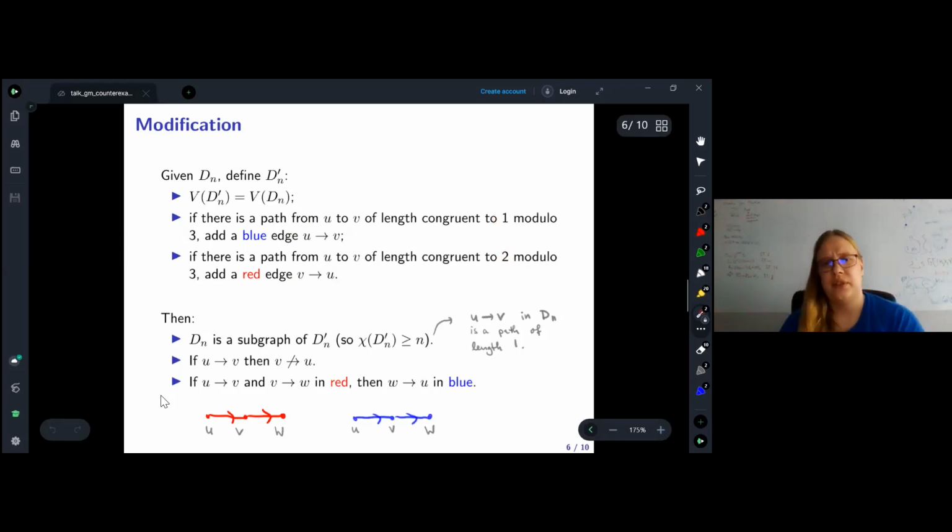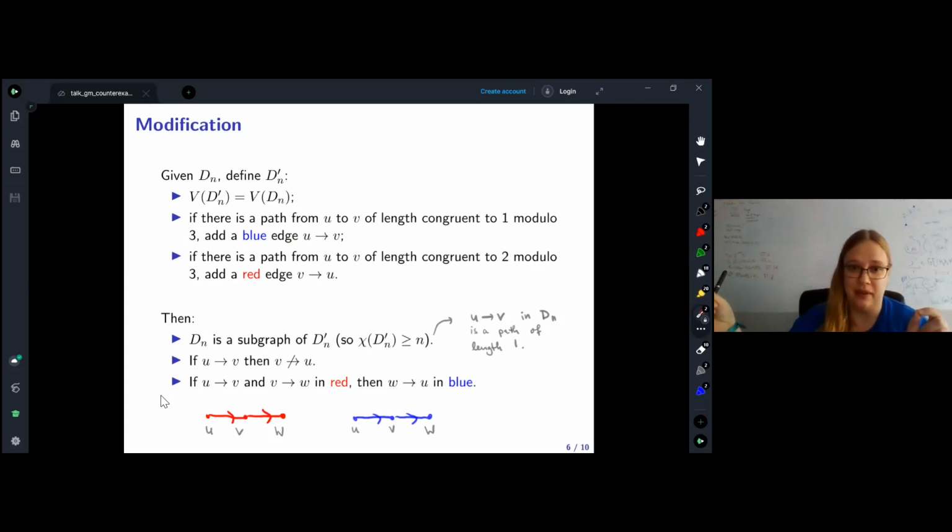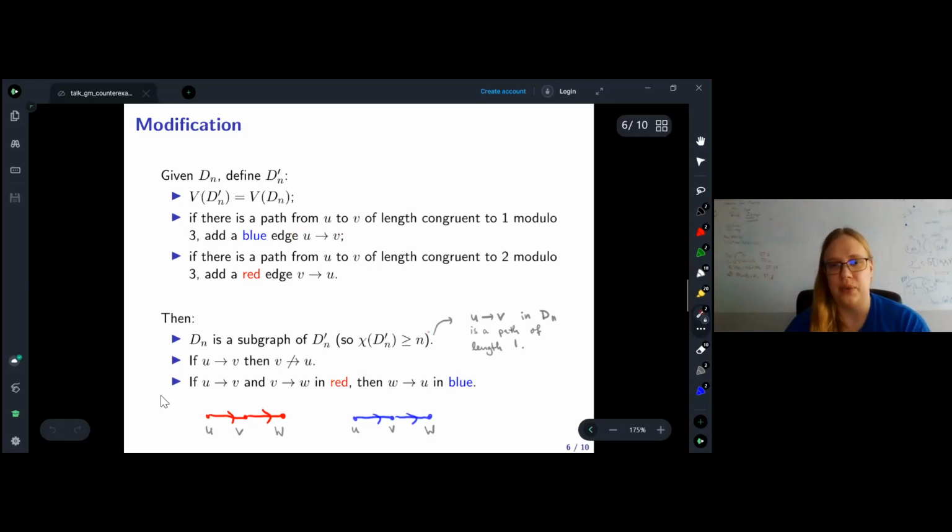And so first, blue edges include edges of Dn, because if u is adjacent to v in Dn, that's a path of length 1, which is 1 mod 3. So Dn is a subgraph, not induced, but a subgraph of Dn prime, and so Dn prime has big chromatic number.